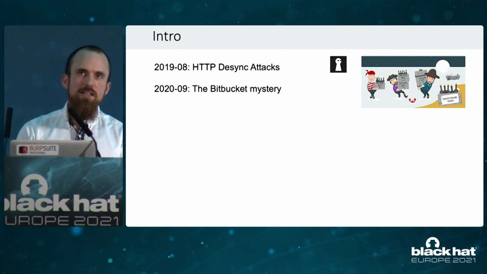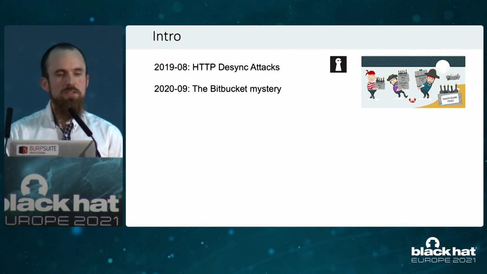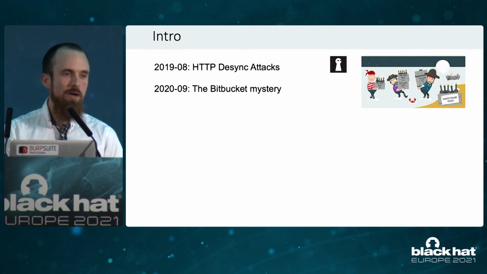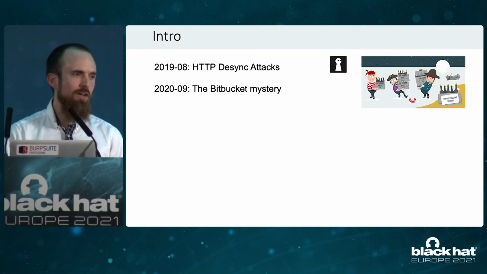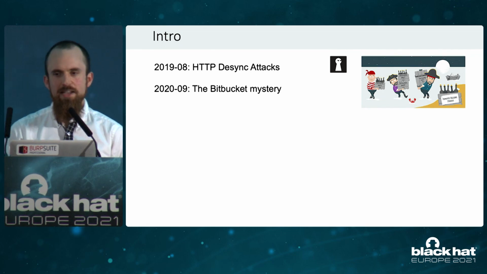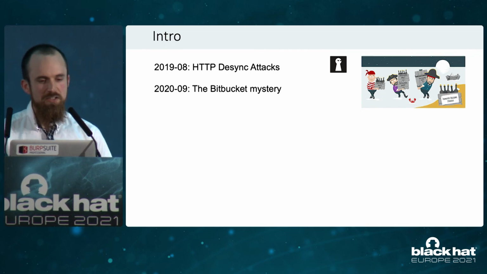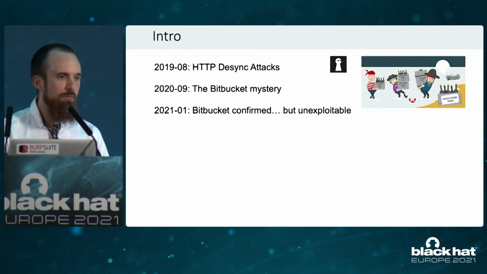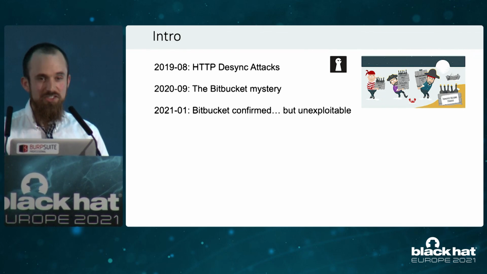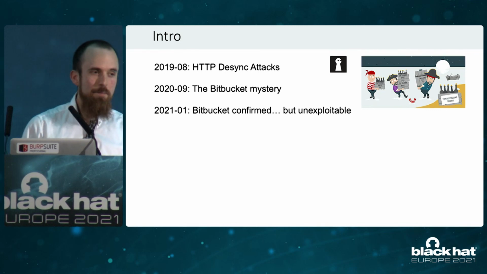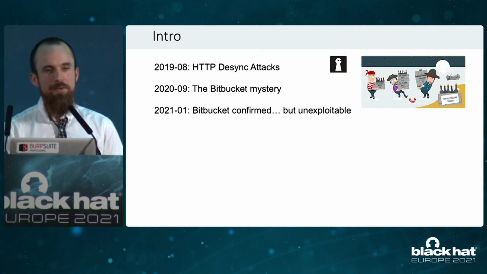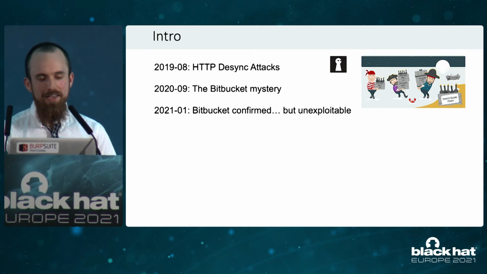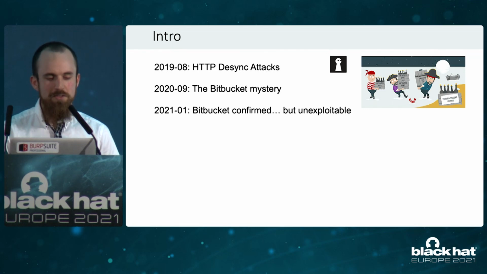But I'd seen a scenario almost identical to this during my original request smuggling research, and I really didn't want to let it escape me a second time. So I kept coming back to this month after month, and eventually, in January, I found proper evidence that Bitbucket genuinely was vulnerable, but I still couldn't actually do any real damage with this technique. It was definitely vulnerable, but there was no realistic exploit path.